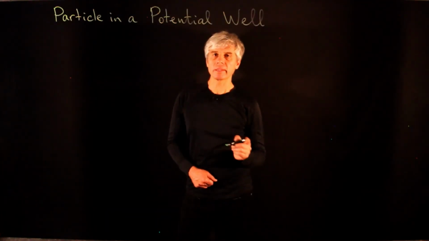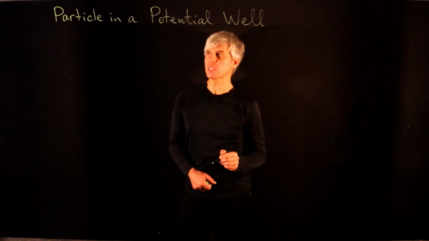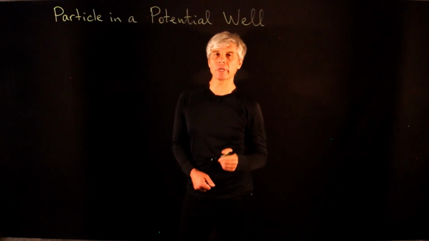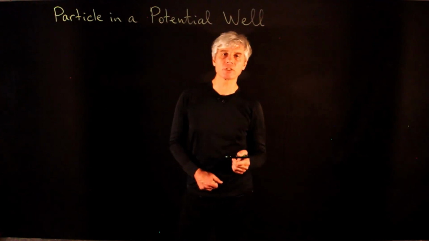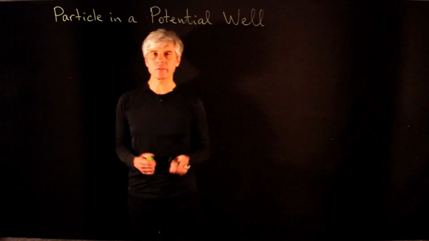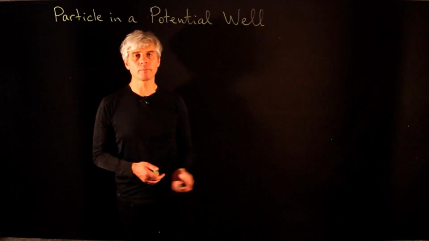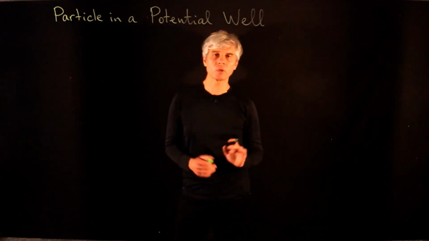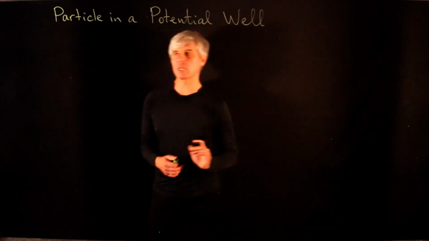Now, the next example of the space of states is going to be the case where the space of states is an infinite dimensional vector space. This example will not be relevant for this particular course on quantum computing, but I thought that I should include it for your general education.